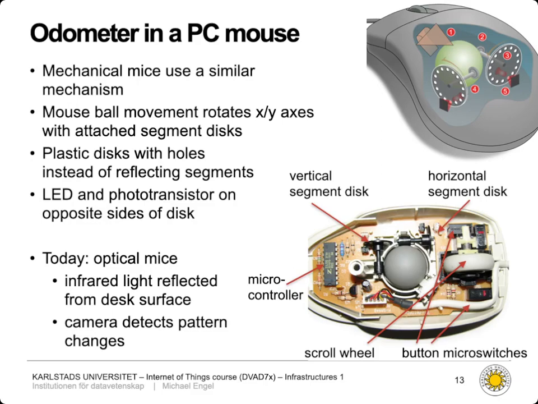Now, of course, if you buy a mouse nowadays, you can notice the advance of electronics, because there's still a microcontroller in there which has quite a bit more power than the primitive microcontrollers in the old mechanical mice.